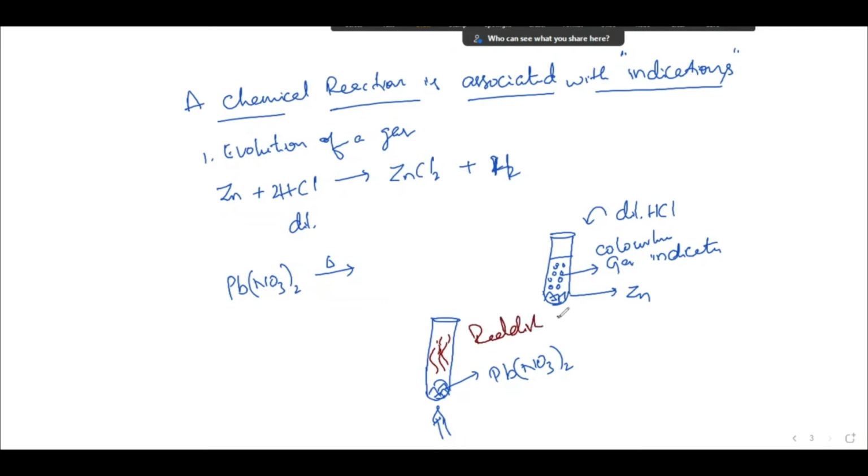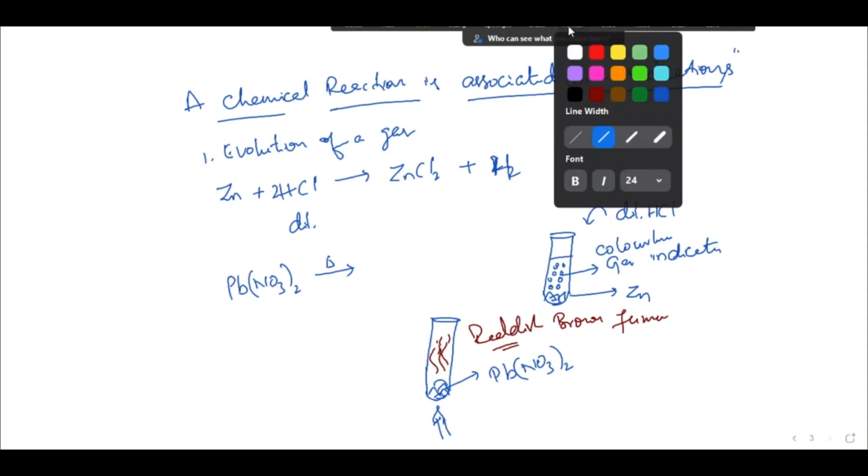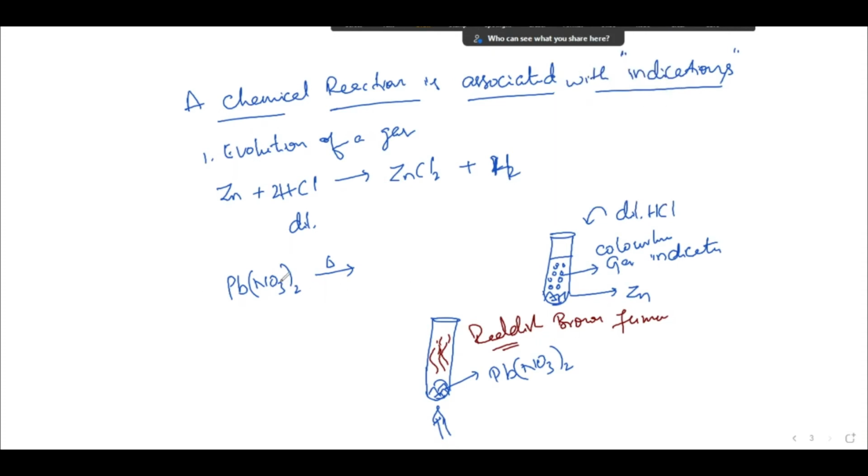Reddish brown fumes. So you will get a gas which may be a colored gas or which may be a colorless gas. In this case, since you are taking lead nitrate, you will get PbO plus NO2 plus O2. To balance the equation, 2, 2 and 4. So some gas will be released as an indication.